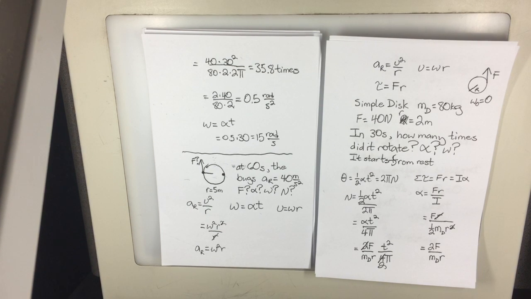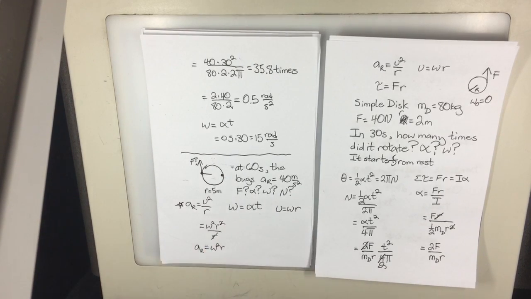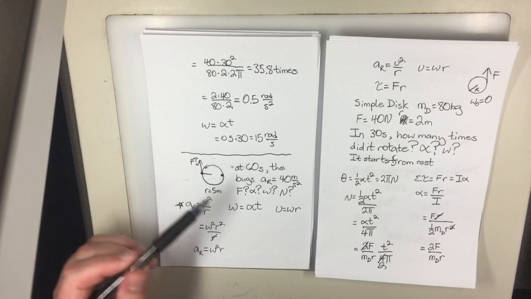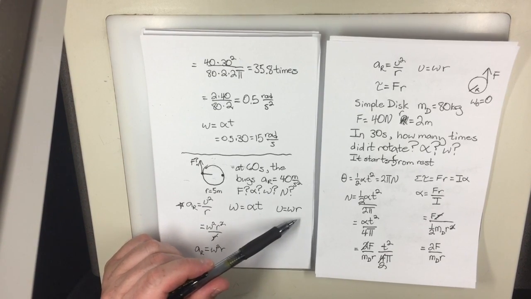The big error that people make is they make the observation that, yes, A_R is V squared over R. So if R increases, that means that radial acceleration decreases, which is incorrect. The problem is that they didn't recognize that V is R dependent.